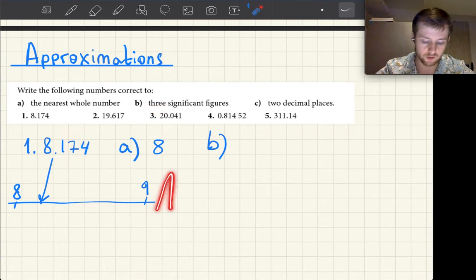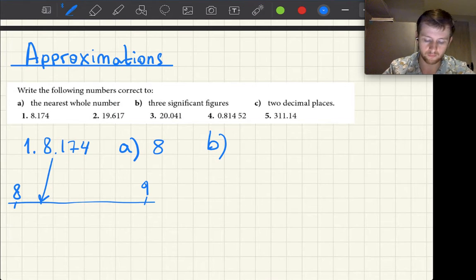This is where we stop, at 7, and we round after 7. After 7 we have 4, so it's not going to go up, it's going to stay. It's going to be 8.17. That's the three significant figures.